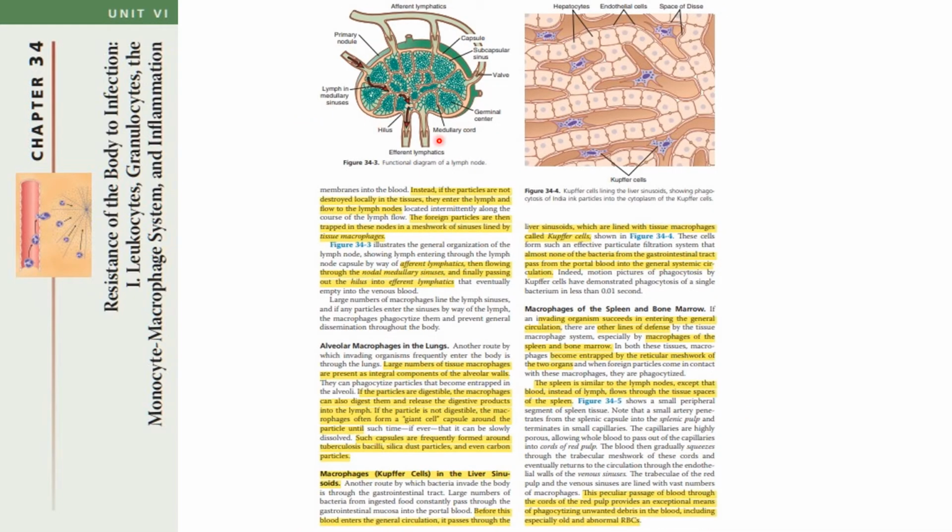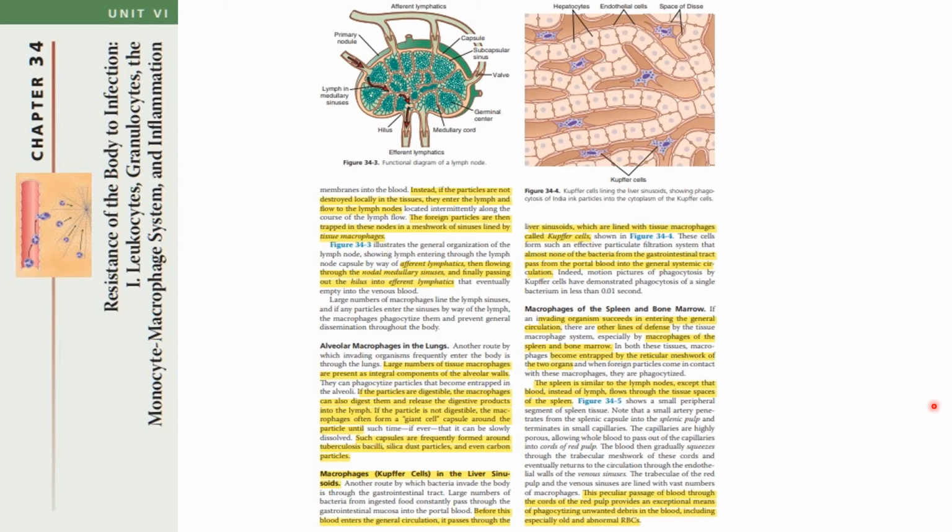You can see the functional diagram of a lymph node. The particles are not destroyed locally in the tissue. They enter the lymph and flow to the lymph node. Foreign particles are then trapped in these nodes in a meshwork of sinuses lined by tissue macrophages.